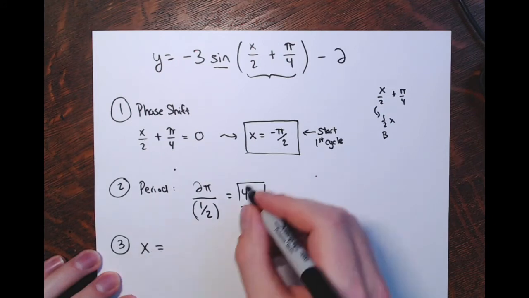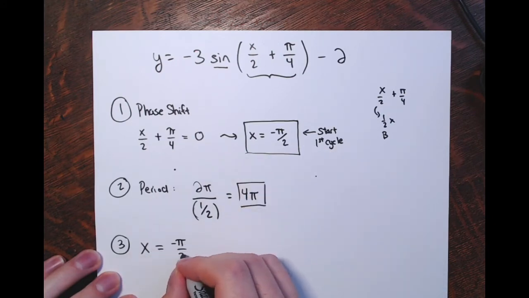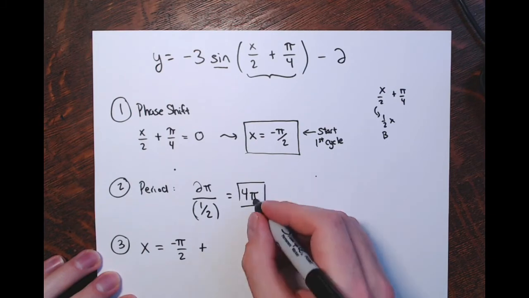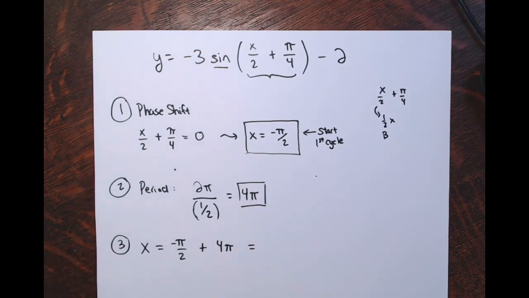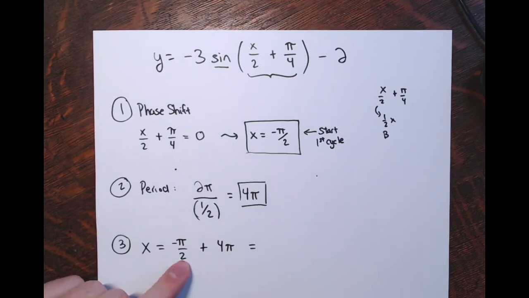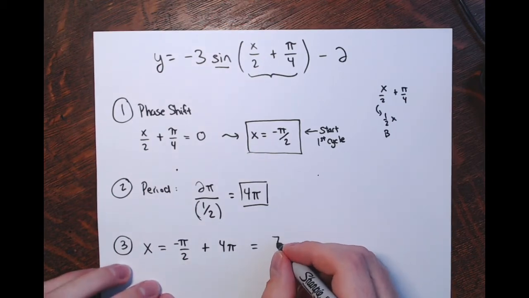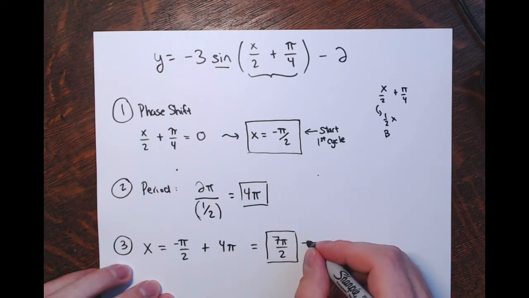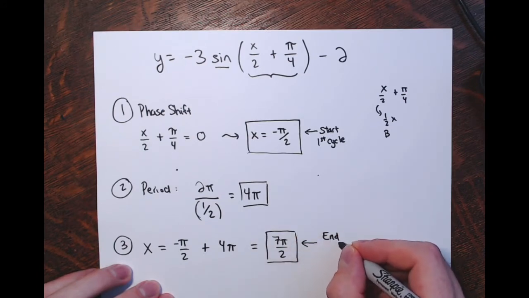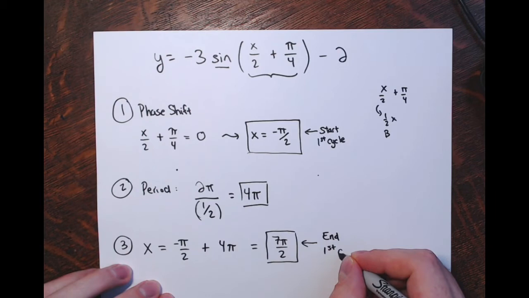So I'm going to take negative pi over 2 from step 1 and add 4 pi, add the period. Now you need a common denominator. This is negative pi over 2. This is 8 pi over 2. Put them together, you get positive 7 pi over 2. Okay, this value is where I'm going to end the first cycle, or the first wave that I draw.